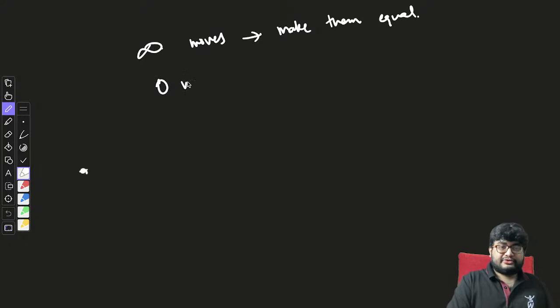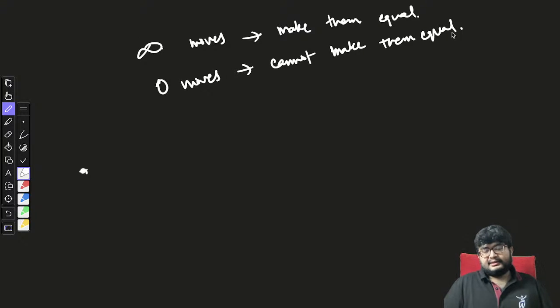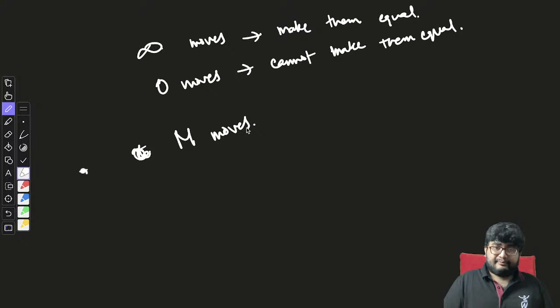If we take 0 moves, we cannot make them equal. Like if they're already equal, that is different. If all the elements are already equal, that is equal. But with 0 moves, we cannot make them equal, right? But with infinite moves, we can always make them equal. So just think about it. Let's say you can do M moves, and for M moves you can make them equal.